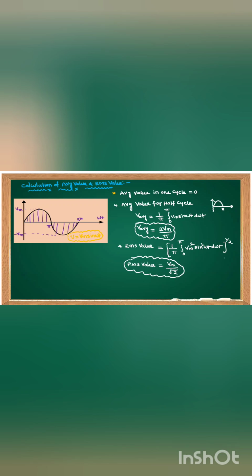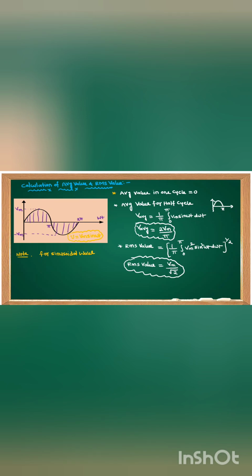But if you feel this integration is difficult, remember this formula directly, students. This formula is applicable for sinusoidal functions, for sinusoidal waves. How to write average and RMS values directly?